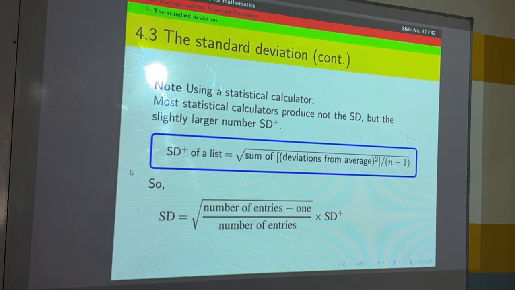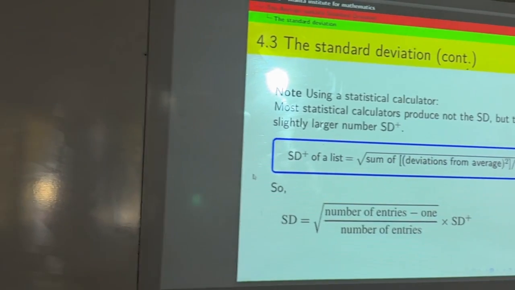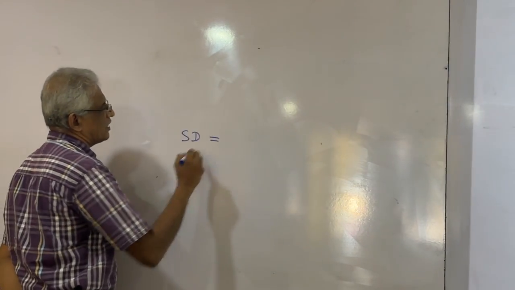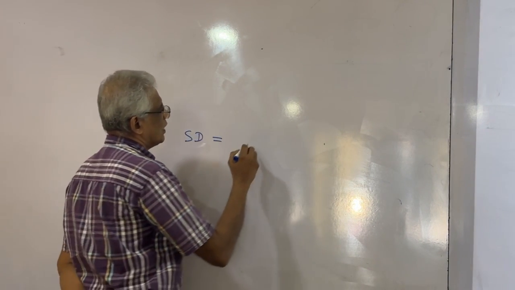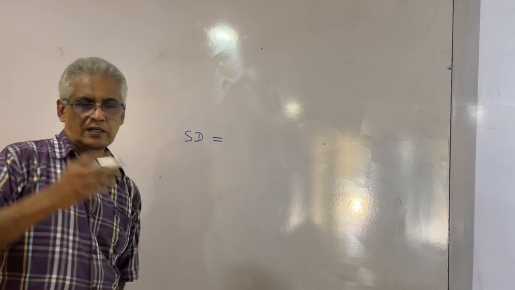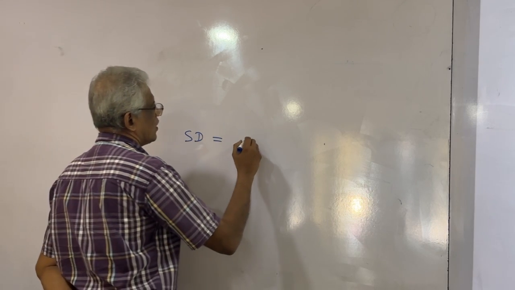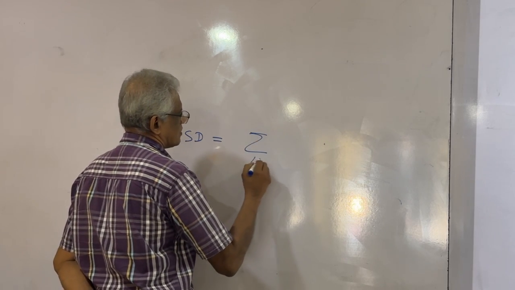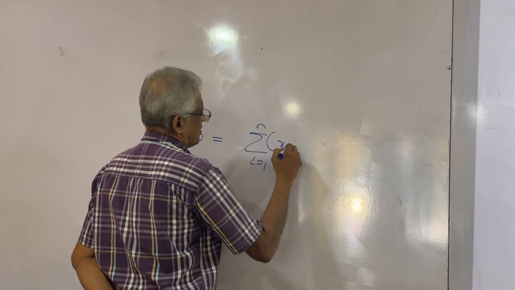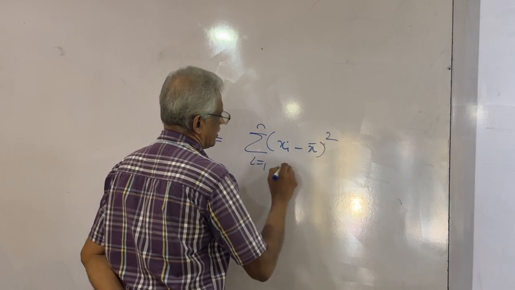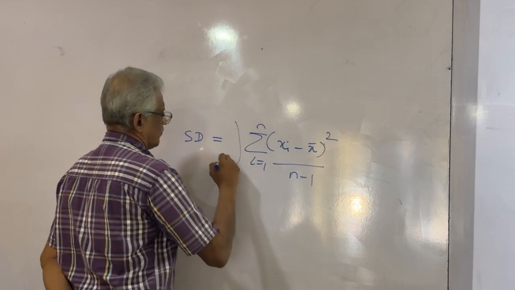Now, if you use a calculator, you can get the standard deviation directly once you put in the numbers. But usually the calculator gives you a slightly different standard deviation. They are using a slightly different formula. Instead of dividing by n, it is divided by n minus 1: the sum over i from 1 to n of (xi minus x bar) squared, divided by n minus 1.